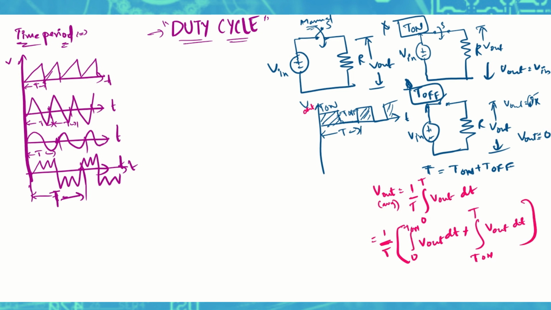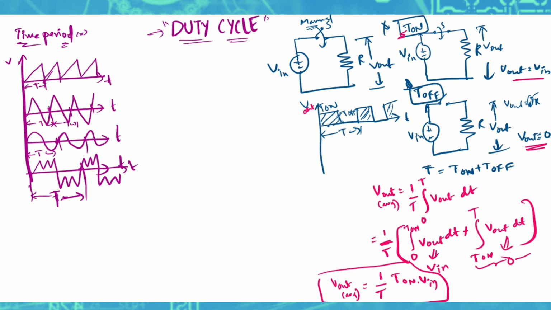Now as we already know, from 0 to T on, when the switch is on, V out is going to be V in. When the switch is off, V out is going to be 0. So V out average is going to turn out to be 1 by T into this whole component, which is going to be 0, and this is T on into V in, right?